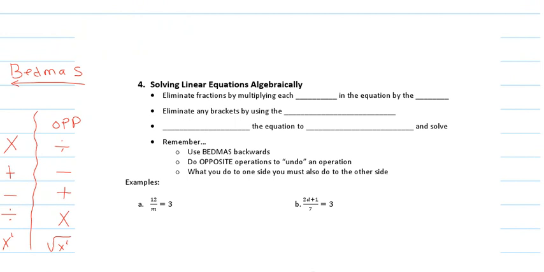The first thing you want to do is eliminate fractions by multiplying each term in the equation by that fraction's denominator. Then you want to eliminate any brackets by using the distributive property that we talked about earlier.